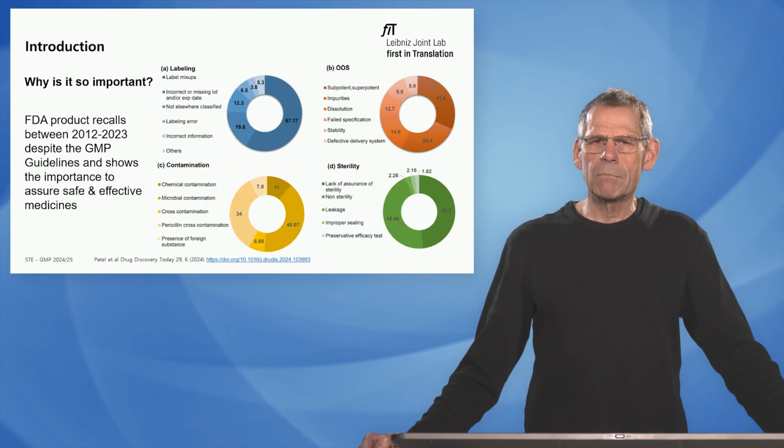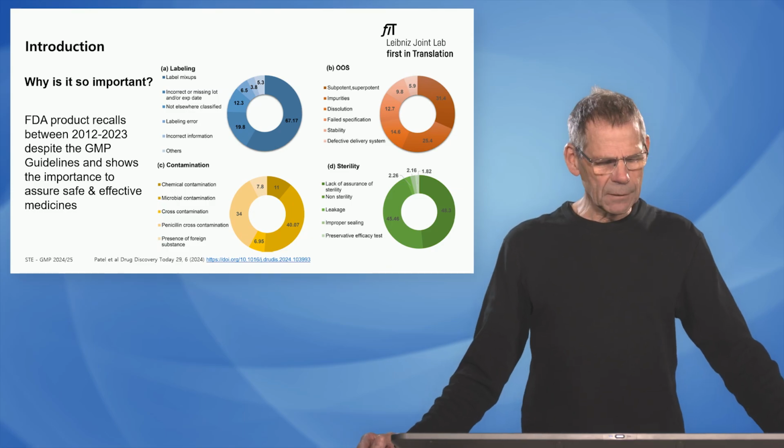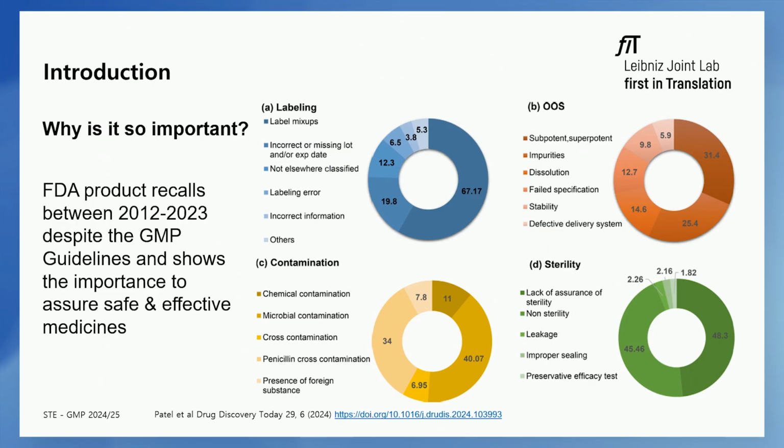If we look into more detail in this study, we see that there are a number of issues that come from GMP or non-GMP compliant manufacturing, or issues that could have been prevented with very strong and strict GMP compliance.